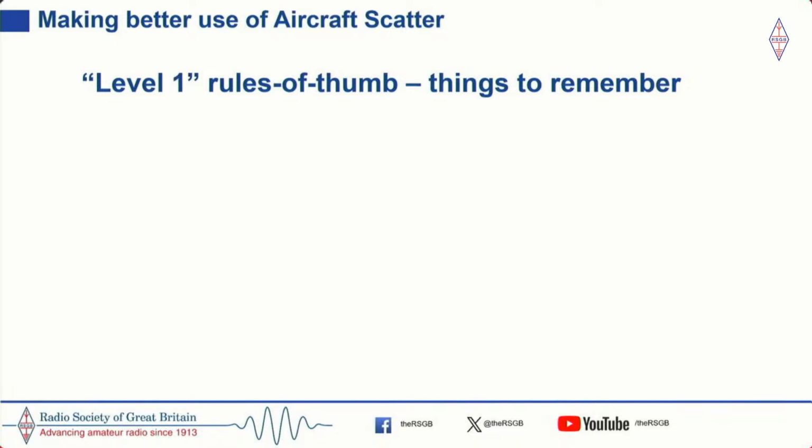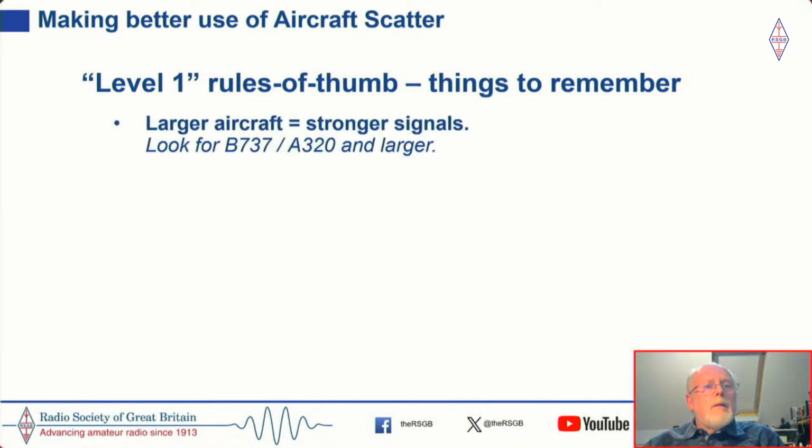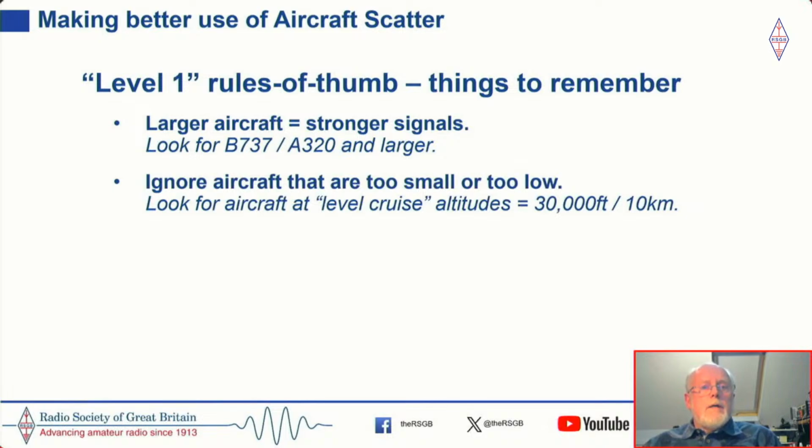So level 1, rules of thumb, things to remember even if you don't do anything about it. Larger aircraft gives you stronger signals. Look for the 737, A320 size aircraft and larger. Very much bigger aircraft will give you very much stronger reflections, but there are fewer of them. Ignore aircraft that are too small or too low.